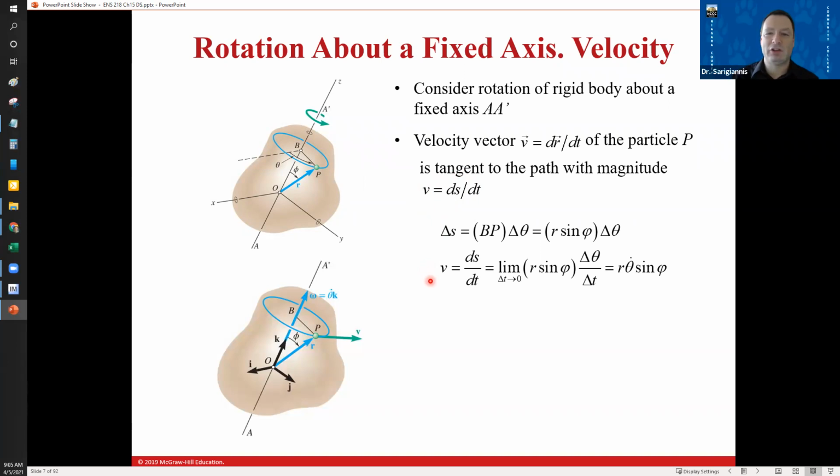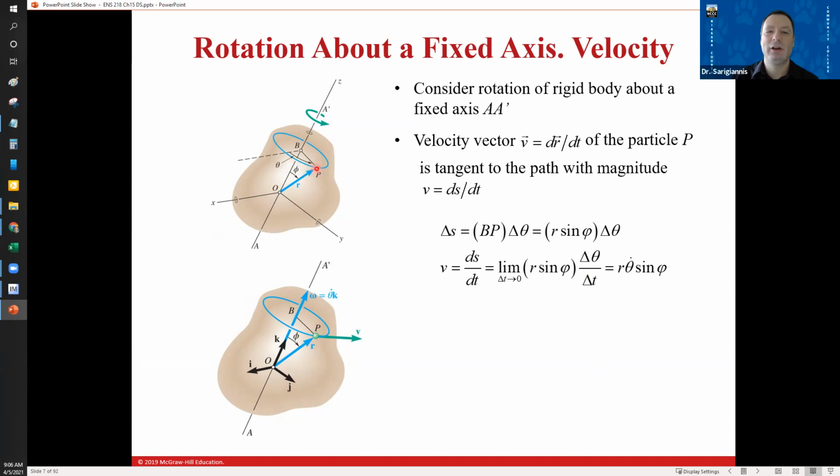This is just basically doing the math to get the velocity. ds dt is the limit as delta t approaches 0, so just an incremental position here of r sine phi. Notice the phi in here, and that's d theta dt.